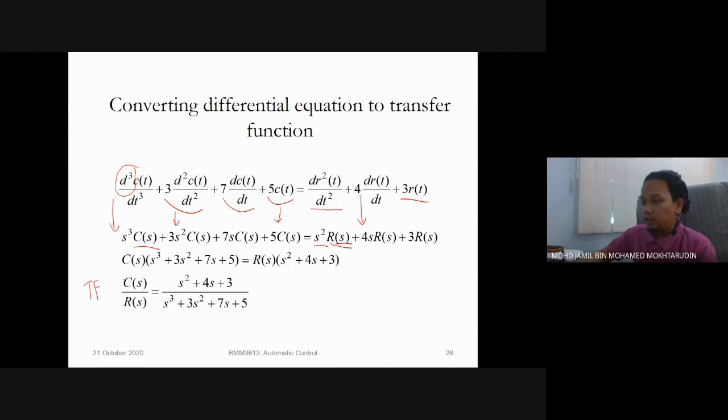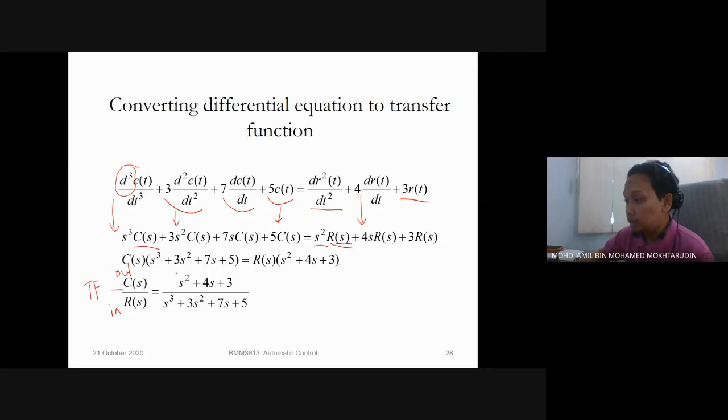So transfer function is always output over input. So in this case, we say that C(s) is the output, R(s) is the input. But maybe in the exam, they will tell you which one is output and which one is the input.